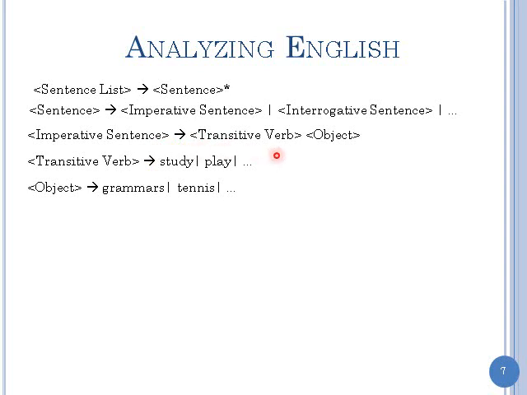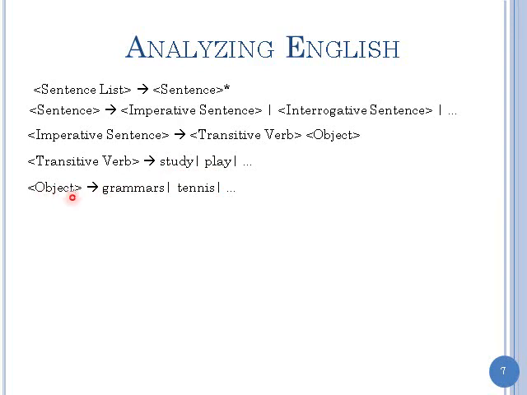Imperative sentence is a transitive verb, object, so that's what we'll declare to be our imperative sentence. By the way, the natural languages are not very amenable to these nice, clean grammars, okay? So you always do some approximation. And my transitive verb could be study or play.